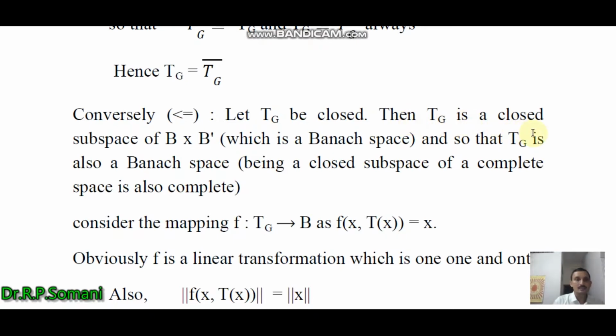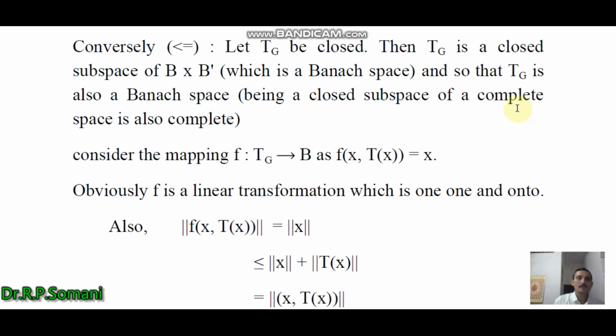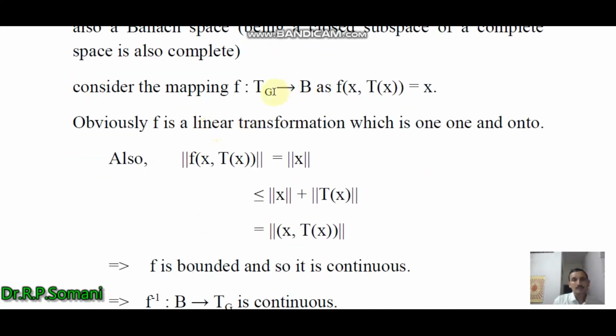let Tg be closed, then we will show that T is continuous. Then Tg is a closed subspace of B cross B dash, which is a Banach space, and so Tg is also a Banach space, being a closed subspace of a complete space is also complete. So consider the mapping f from Tg to B such that f of (x, Tx) equals x.